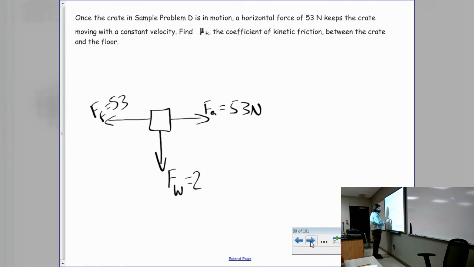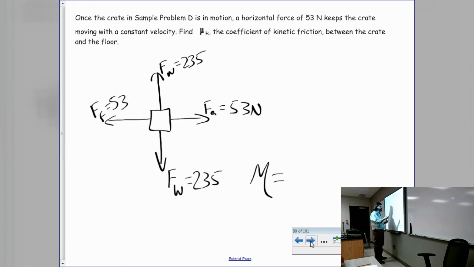It's still the same crate, so it's 235 newtons down. The normal force back up is also still 235. That has not changed, so it really just changes the numbers. Now it's 53 over 235, and 53 divided by 235 is 0.22.